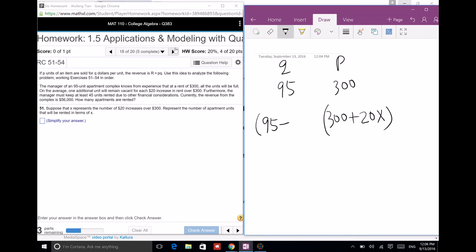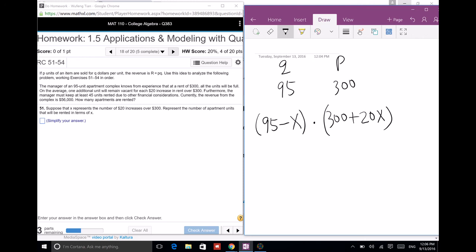So if you increase to 320, you have 94 rented out. At 340, you have 93 rented out. At 360, you have 92 rented out. If you increase the price by 20x, then you have x units vacant. So a higher price results in fewer apartments rented out. That's your model equation for the revenue.